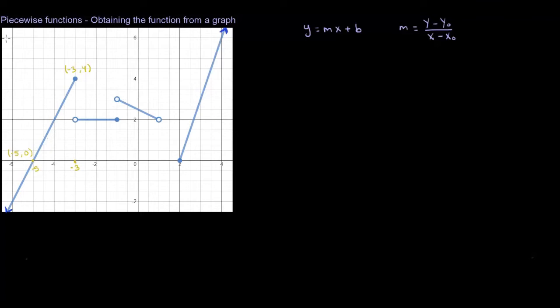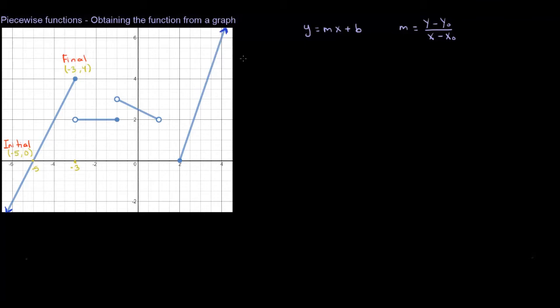We have to identify which one is the final and the initial one in order to use this formula. So basically the one on the right is the final point. This is the initial one, and now we have to fill in the blanks on this formula.